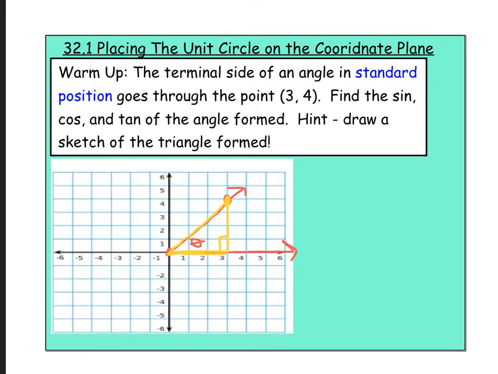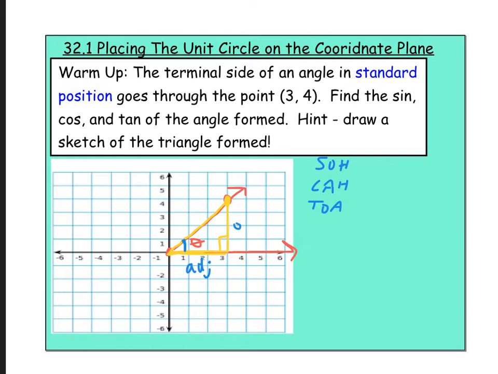If we think about going back to previous sections, sine is opposite over hypotenuse, cosine is adjacent over hypotenuse, and tangent is opposite over adjacent. From the location, our angle is actually right here, so the adjacent side, and the way we're going to set things up, when I talk about reference angles in a little bit, the adjacent side will always be the x-axis.